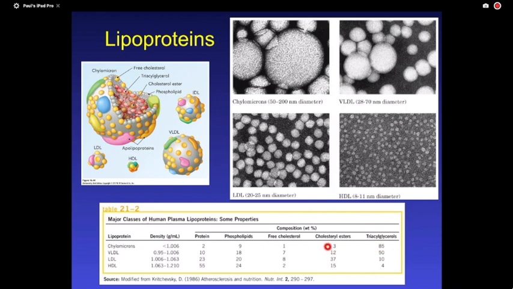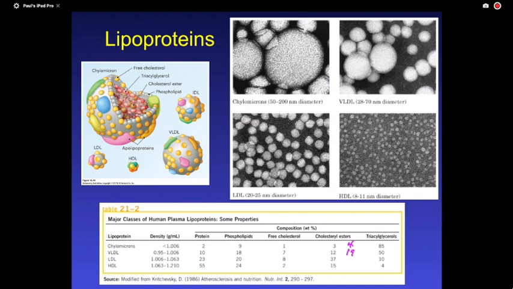Normally we're bringing in lots and lots of fats, not a lot of cholesterol. If we go even to the VLDLs, proteins and phospholipids, and then look, 7 and 12, so we got about 19% cholesterol. Here we had 4 total, and about 50 fat.